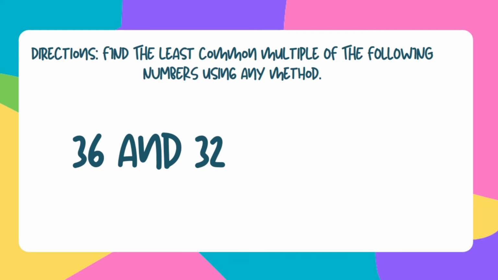The least common multiple of 36 and 32 is 288.